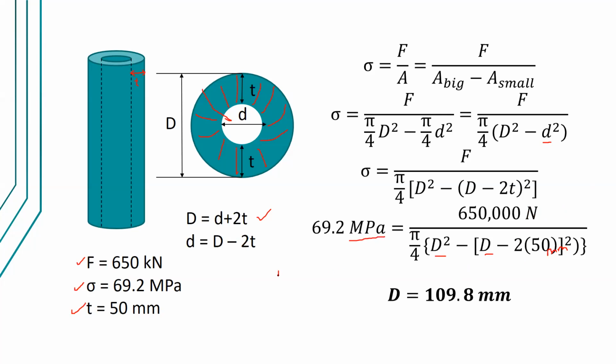So yes, actually megapascal is equivalent to Newton per square millimeter. These are equivalent.